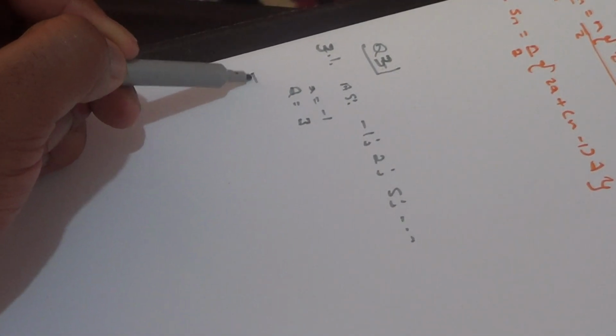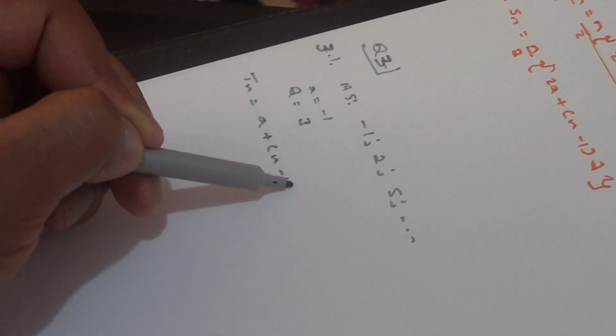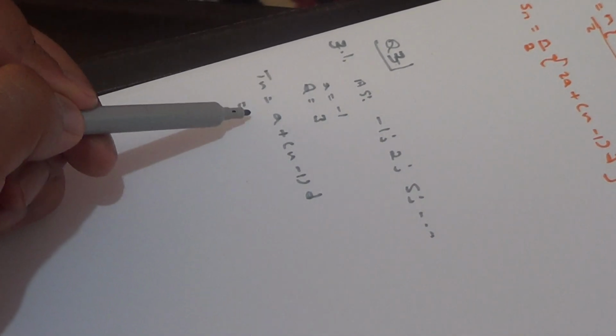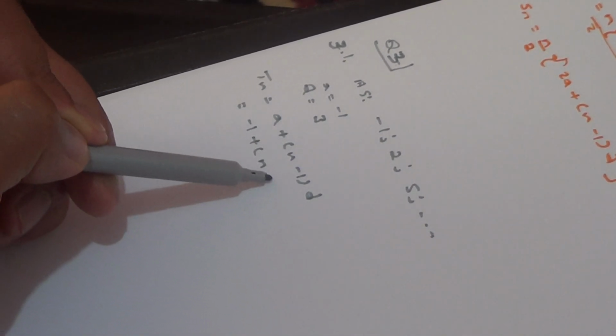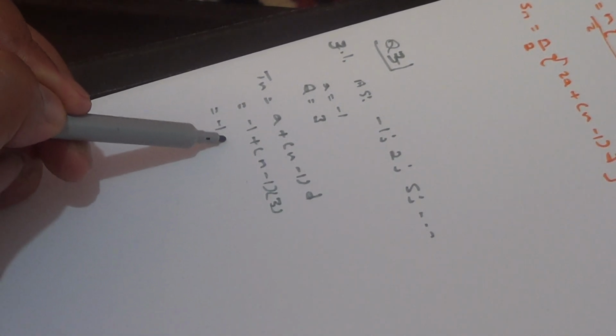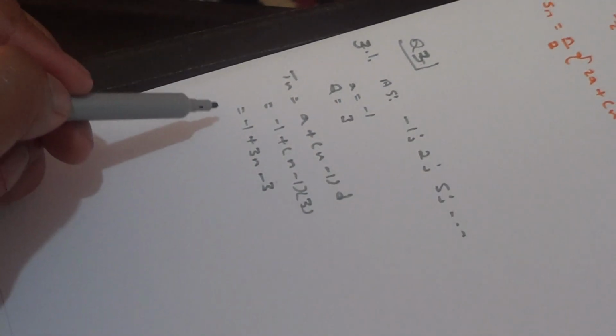So we know that Tn equals A plus n minus 1 times D, okay, which will be equal to minus 1 plus n minus 1 into 3, okay. This is minus 1 plus 3n minus 3, alright.